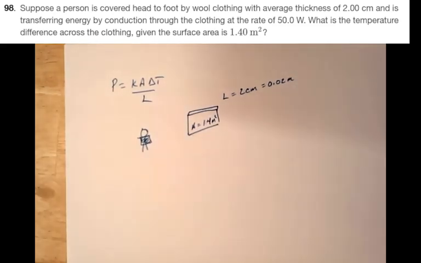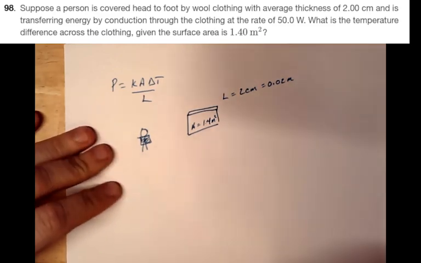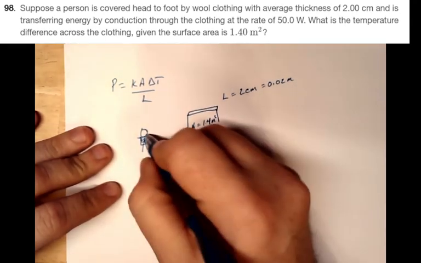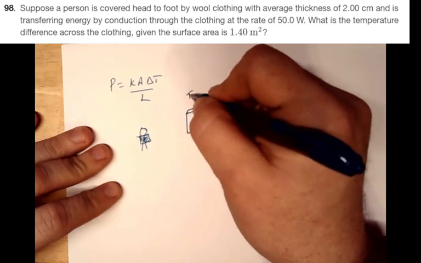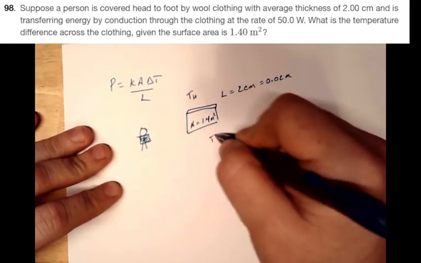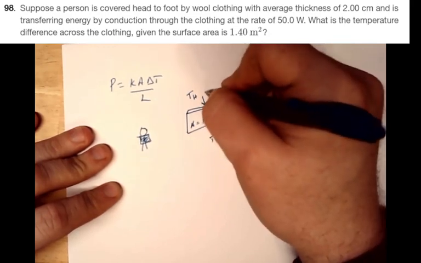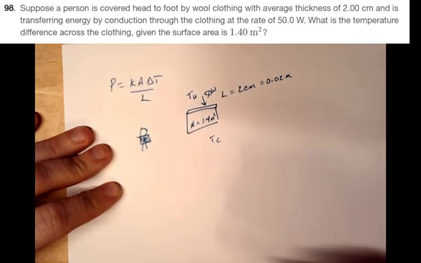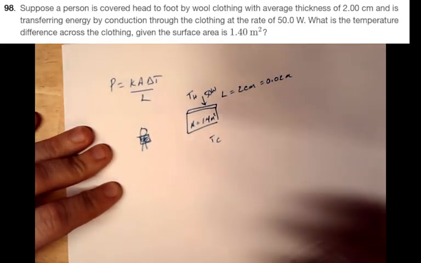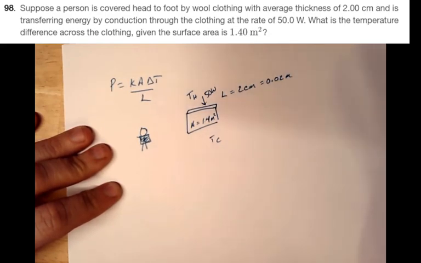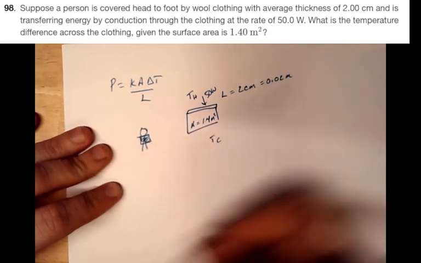Then you imagine a big woolly shawl or a blanket, and you wrap it around you, and it's going to keep the cold at bay. And so our question here in the problem is if 50 watts leak out, so there's a hot side and a cold side, and 50 watts are going through it, can we figure out what the temperature change is? And that might tell us what the weather is, because we know what our temperature is.